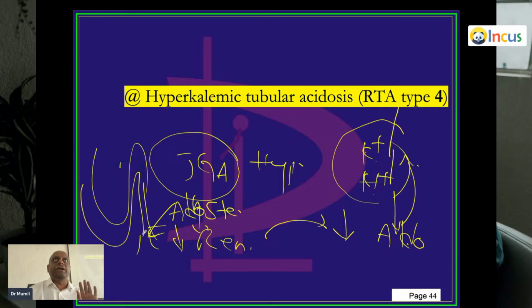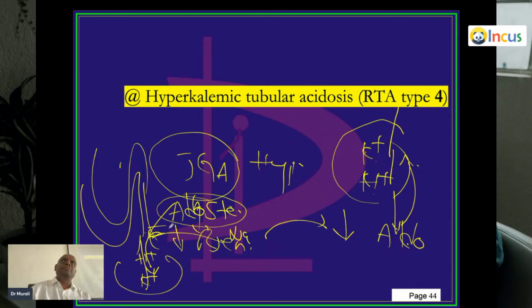Aldosterone acts on the epithelial sodium channel, ENaC. It will cause the retention of sodium into the body. In that process, it exchanges H plus and K plus into the tubular fluid, which is lost into urine. So, if aldosterone is not there, sodium is not reabsorbed. Hence, H plus and K plus will not go into urine.